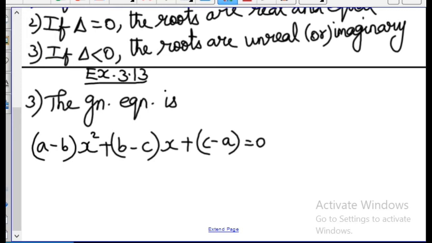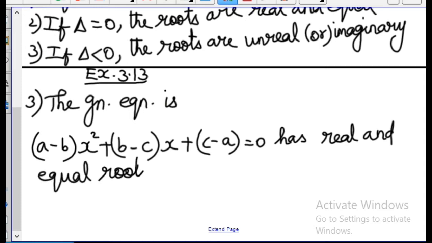Here the condition: the given equation has real and equal roots, as given in the question.